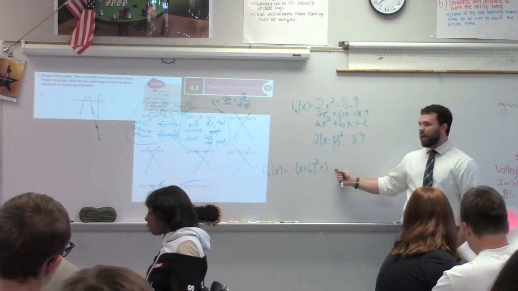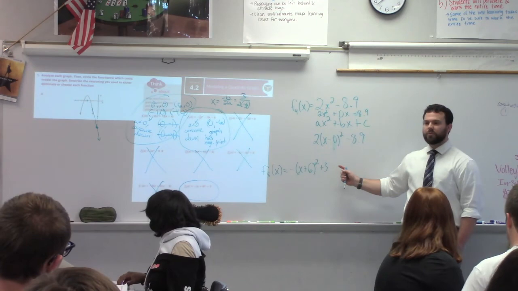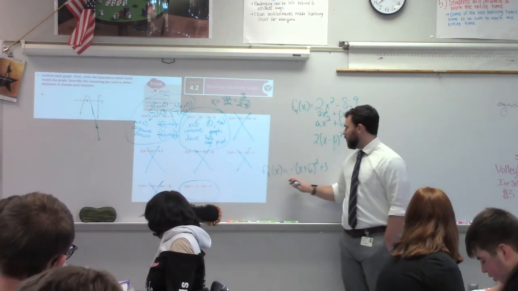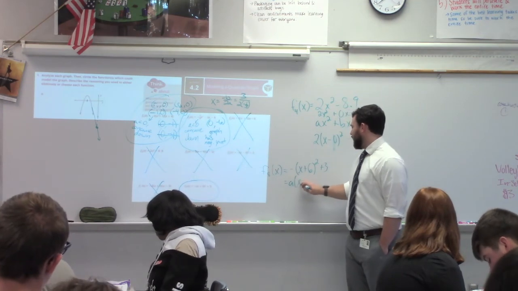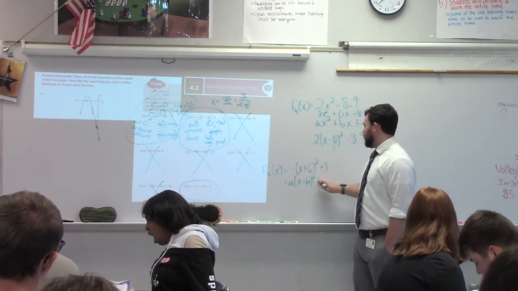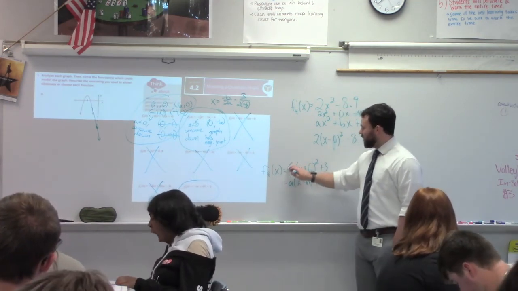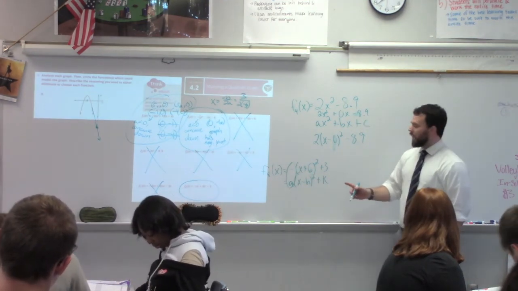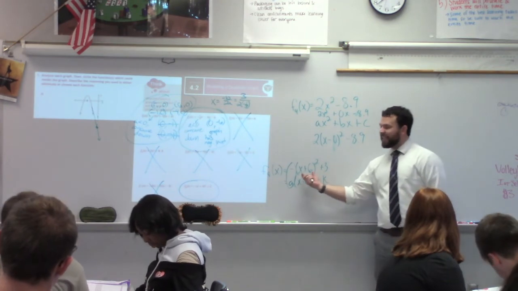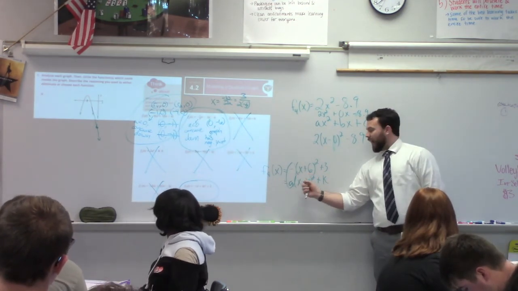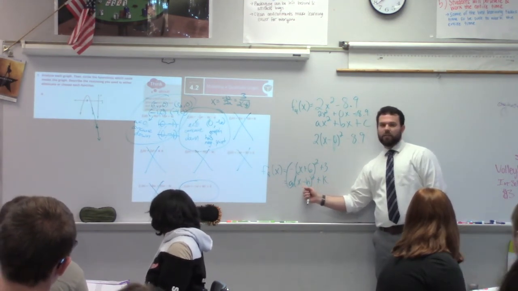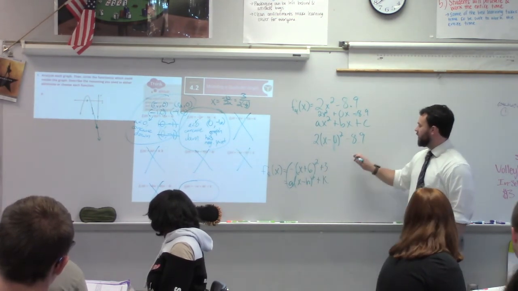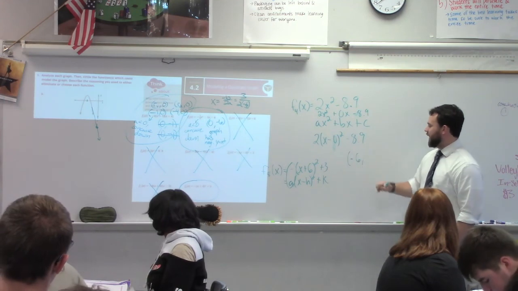But looking at number 8, the last one, which form is this? Vertex. So right away, I want to think about my concavity and the vertex. So what's the concavity? Down. A is negative, so it's down like a frown. And what would the vertex be? Remember, to get x plus 6, I had to subtract a negative 6, right? The only way to get x plus 6 is if we were subtracting a negative 6.